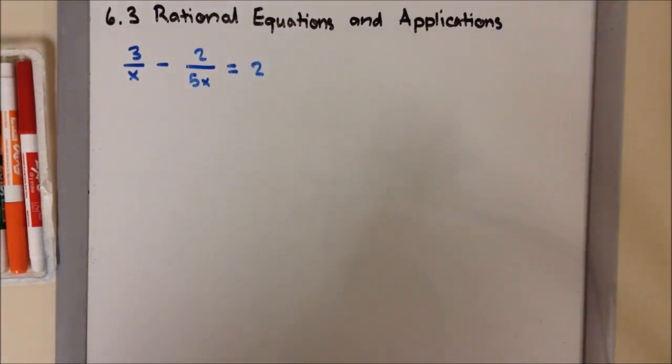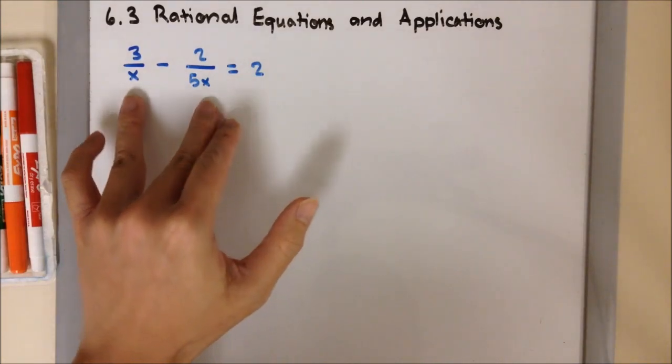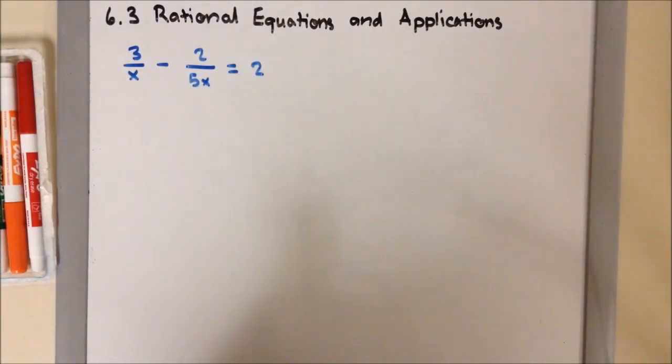In this example, we have x in our denominator. As I said previously, when we are working with variables in the denominator, we're just going to be doing more steps. It's going to look complicated, but once you understand the patterns and the process, it's fairly simple. It's just going to be more steps.